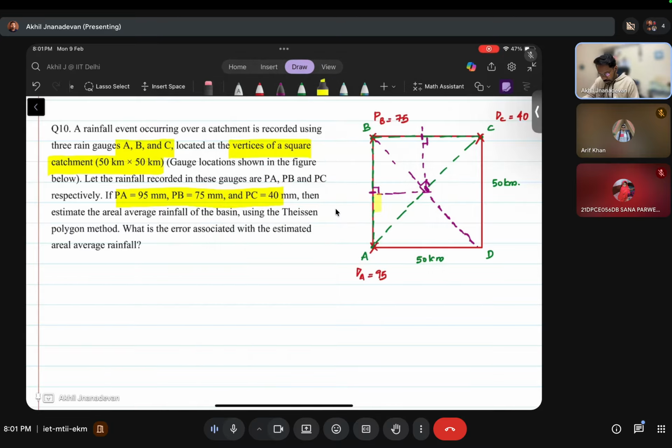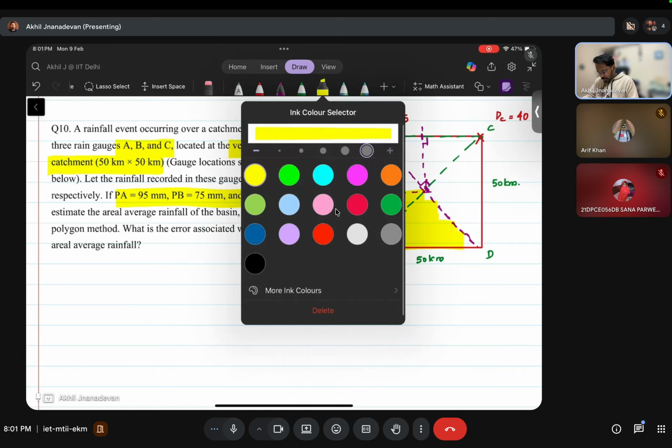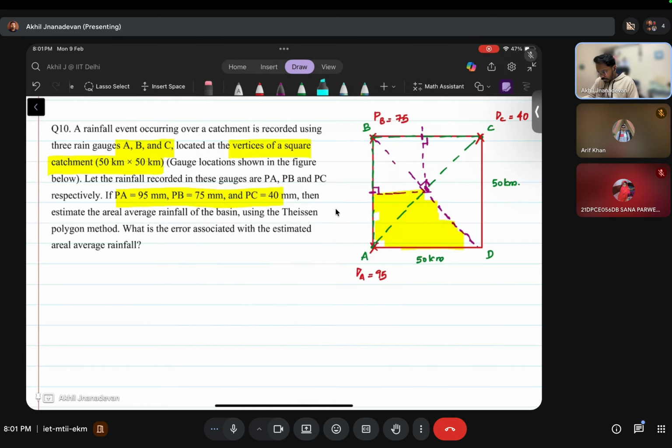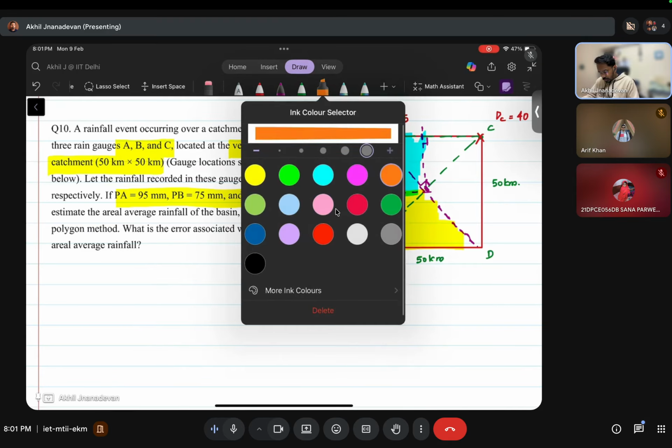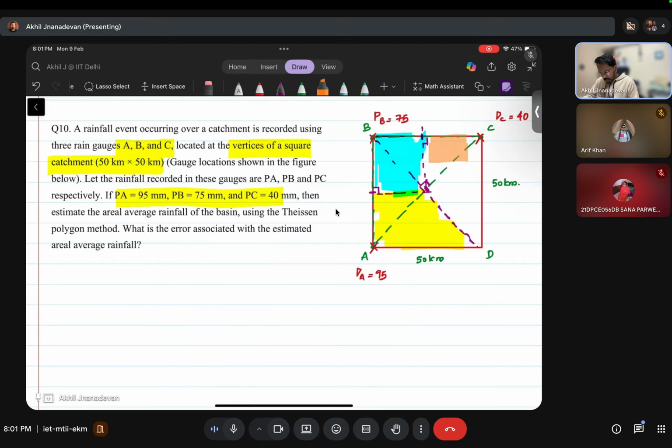This particular yellow area is for rain gauge A. This blue area is for rain gauge B, and the remaining area will be the area receiving the rainfall PC.